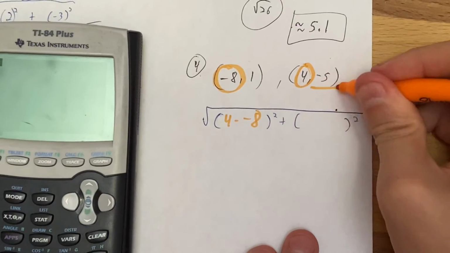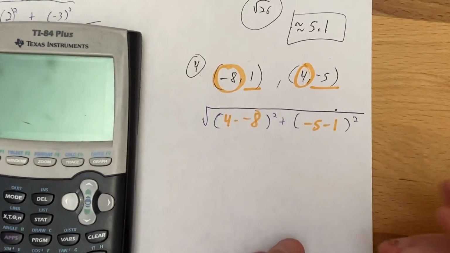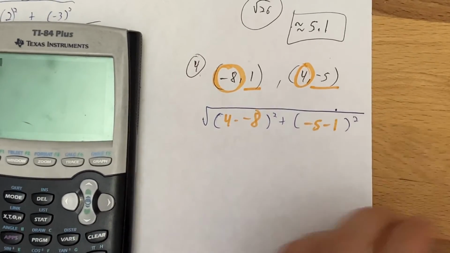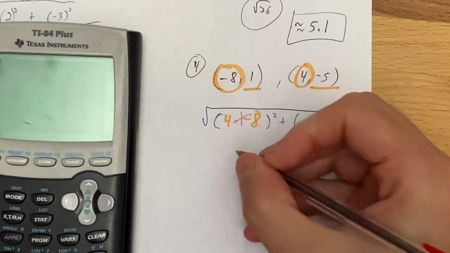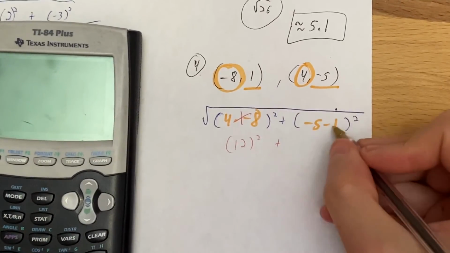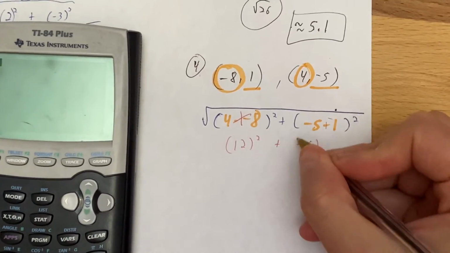And then -5 minus 1. This turns to a plus and you get 12. This turns into a plus and negative, so -5 plus -1 is -6.